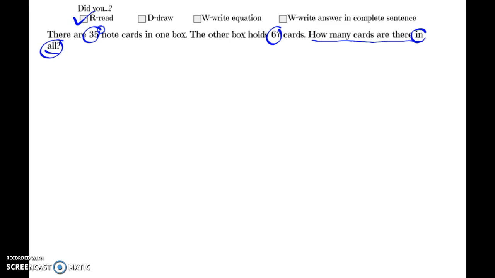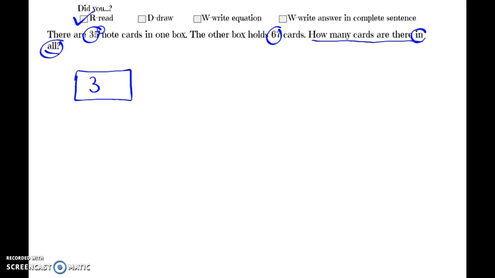Next, I need to draw my problem. And to draw this, I'm going to use a tape diagram to help me visualize my parts in the whole. I know that I have 67 cards in one box, and then I have 35 cards in the other box.